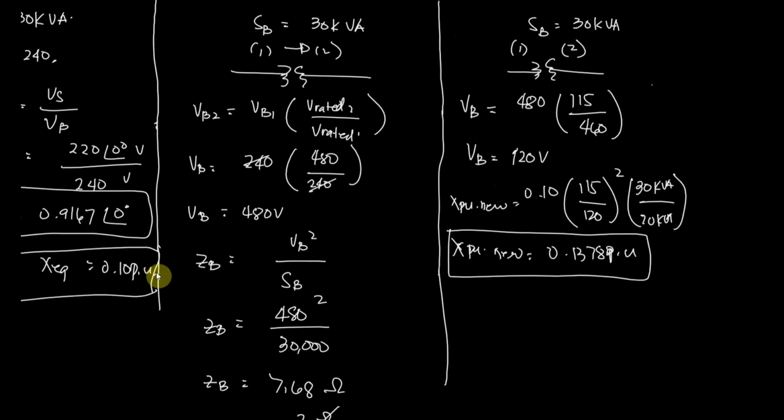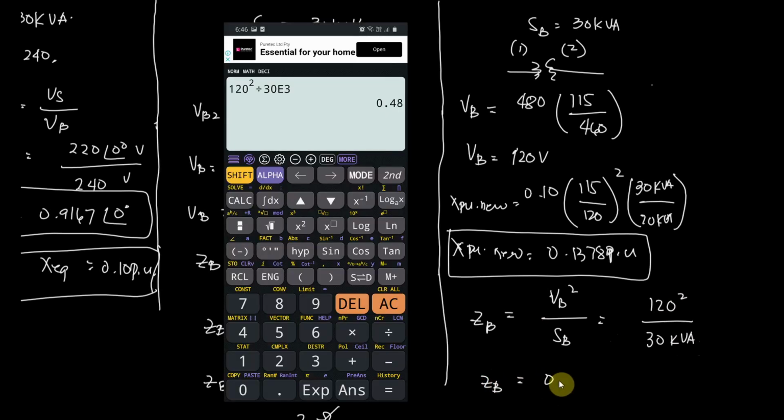Okay? As for our load, since we now have the base voltage and base power, we get the base impedance equal to the base voltage squared divided by S base, which is 120 squared divided by 30,000 or 30 kVA. When we calculate that, the base impedance is 0.48 ohms.